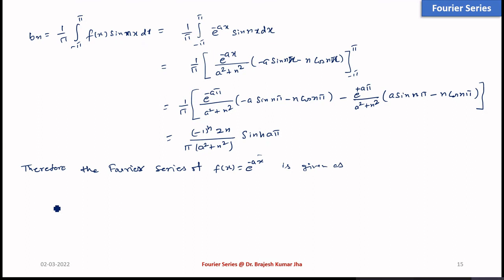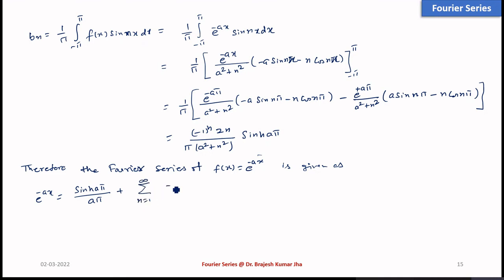so the formula, now I'm not writing here. f(x) is e to the power minus ax, that will be a0 was sinh(a pi) upon a pi, plus summation n equals 1 to infinity.